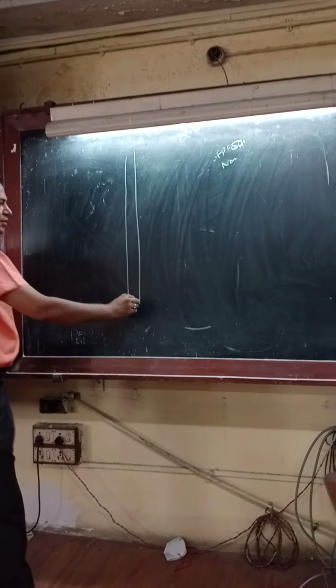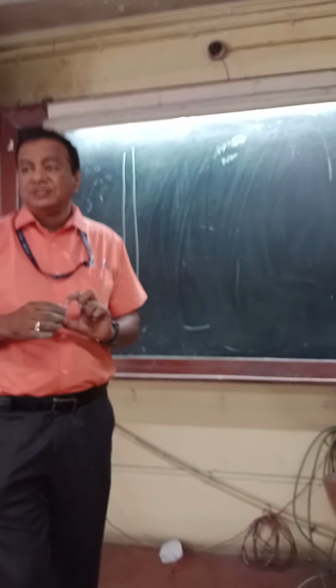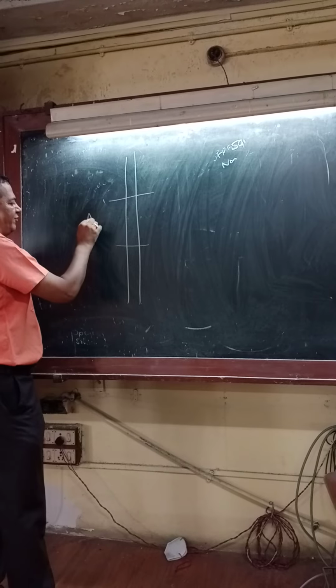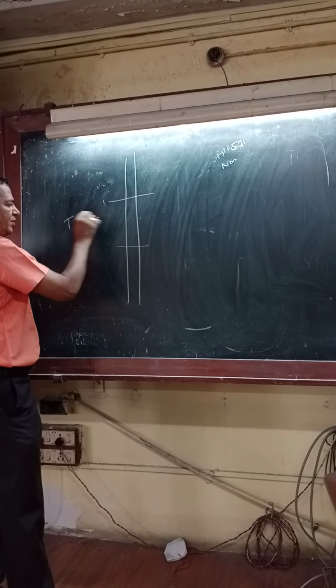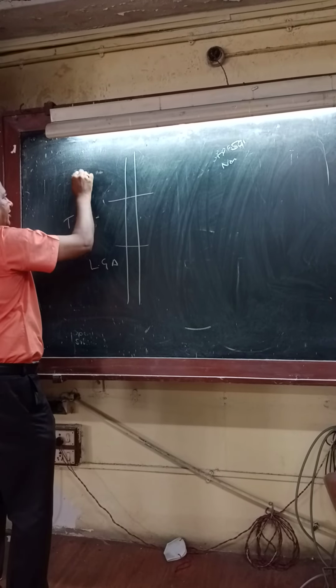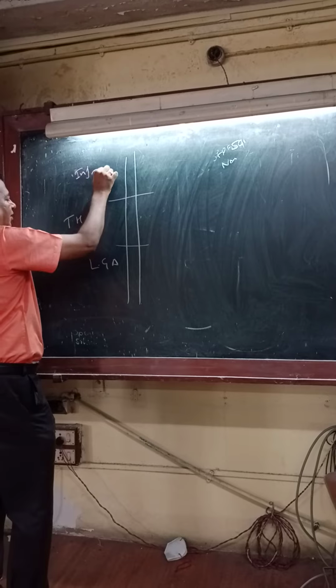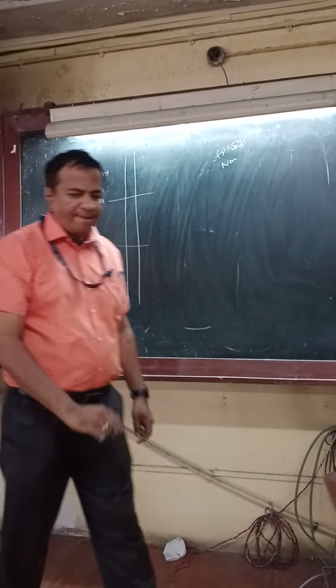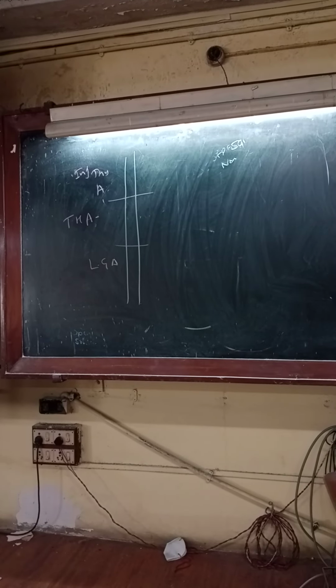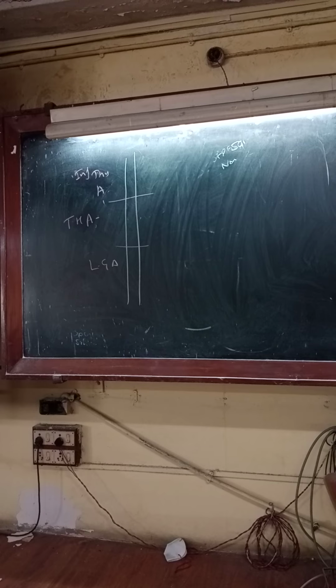Now since the esophagus is such a long organ, we cannot have blood supply from a single source. So the middle part is supplied from the descending thoracic aorta, the lower part from the left gastric artery, and the upper part from the inferior thyroid artery.